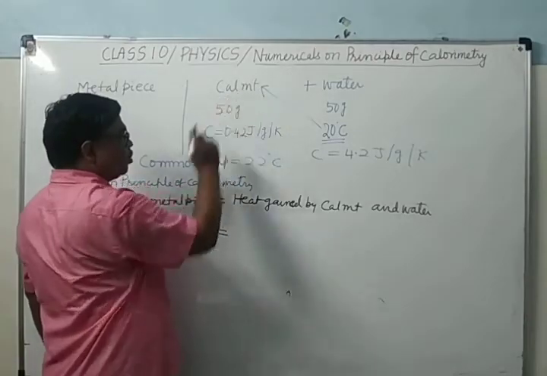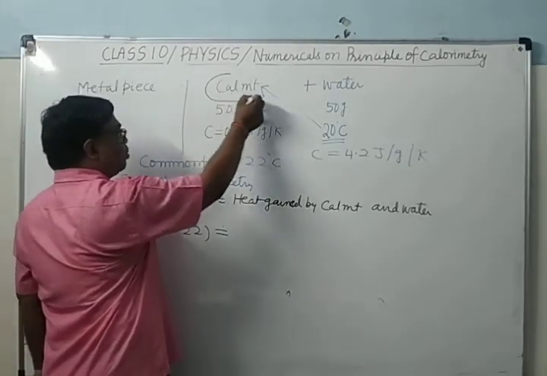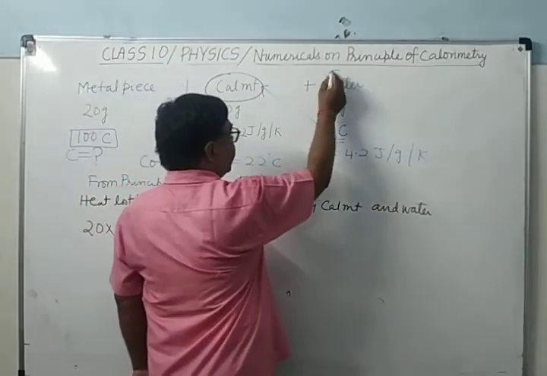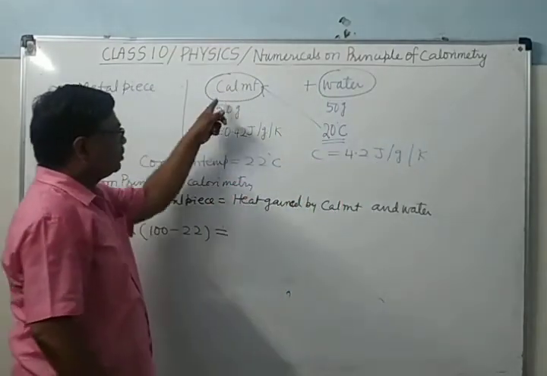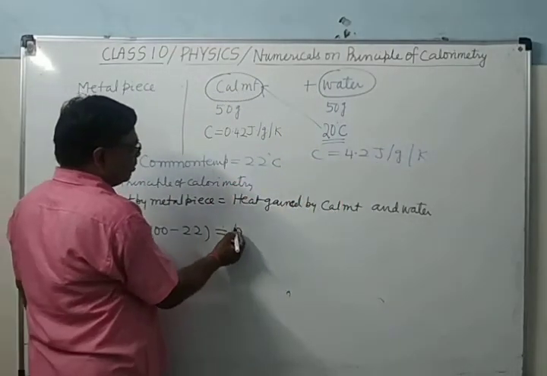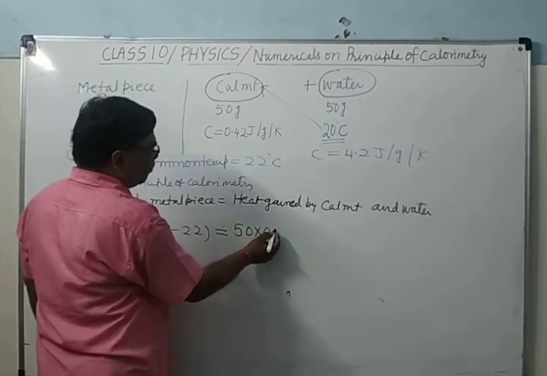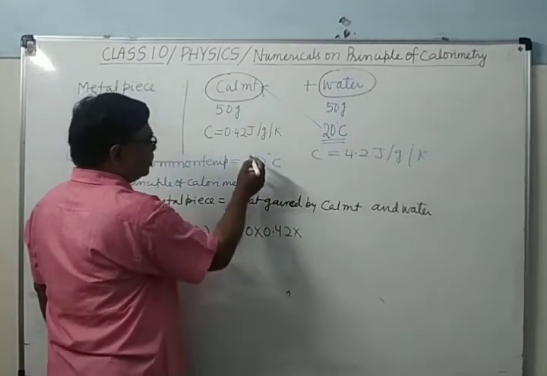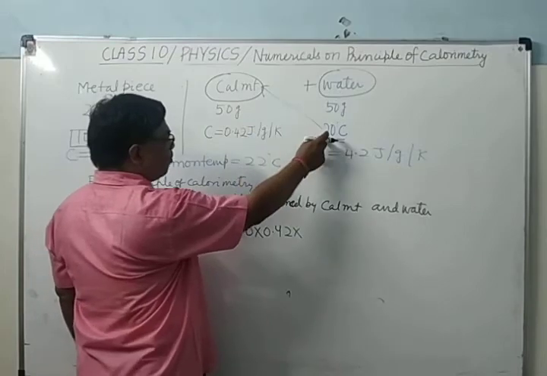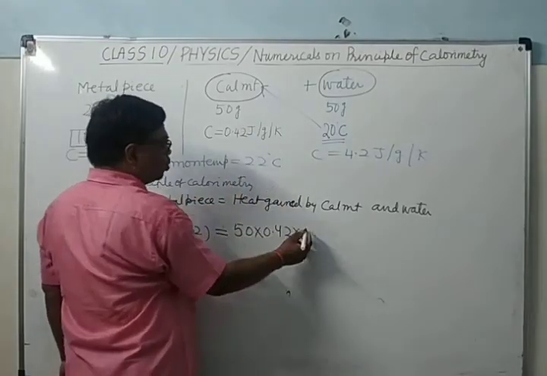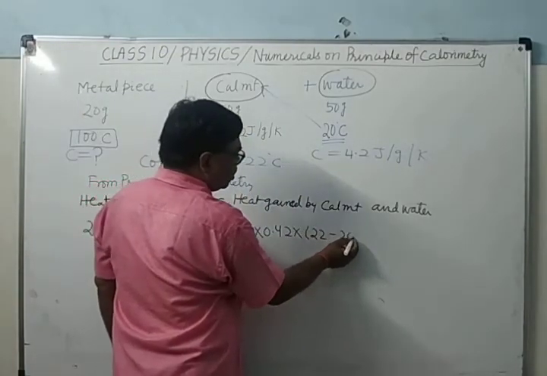Then here there are 2, so you have to find M into C into delta T for this as well as for this. First you write for this: M is given 50, C is given 0.42, change in temperature, initially it was 20, finally 22, so 22 minus 20.